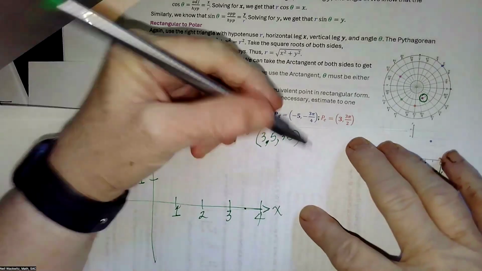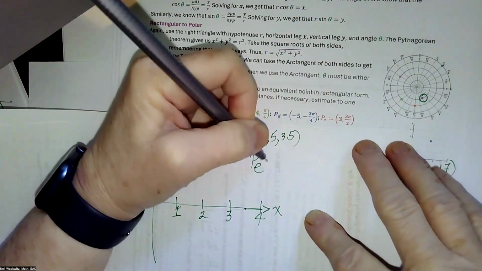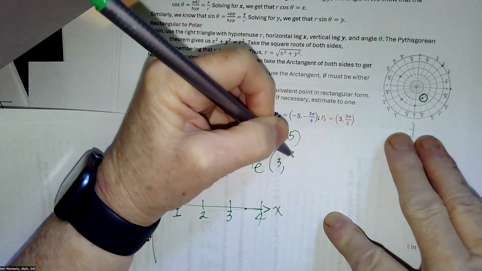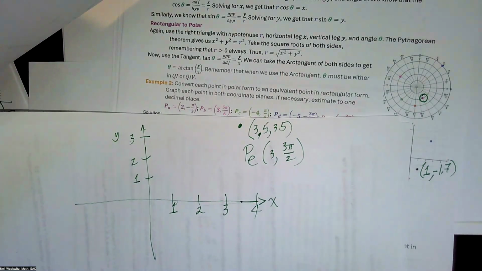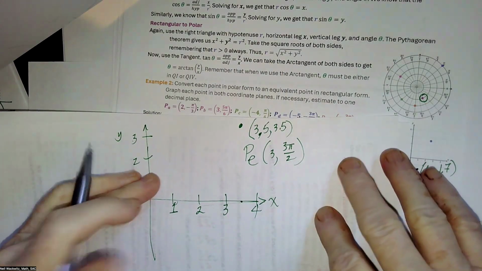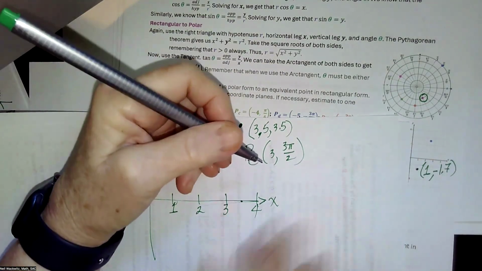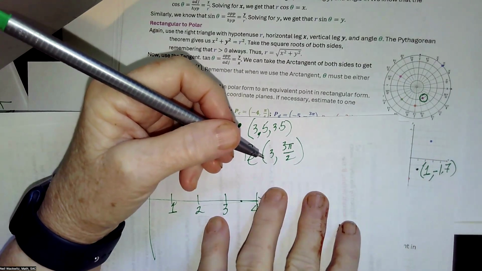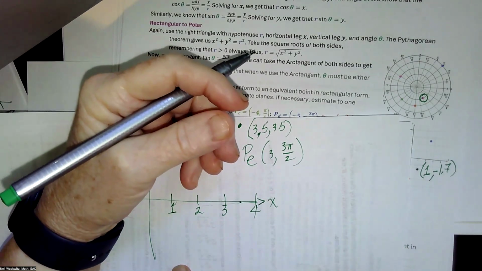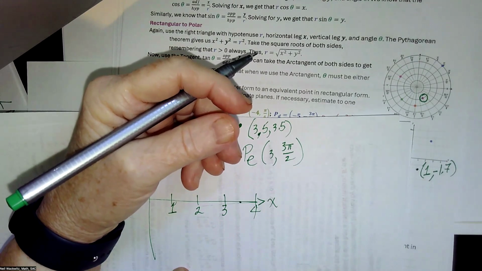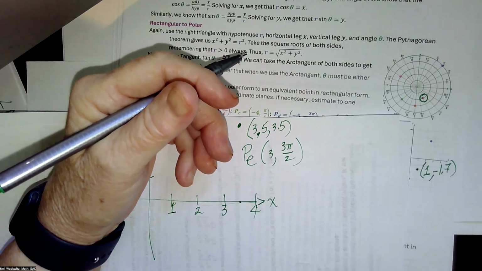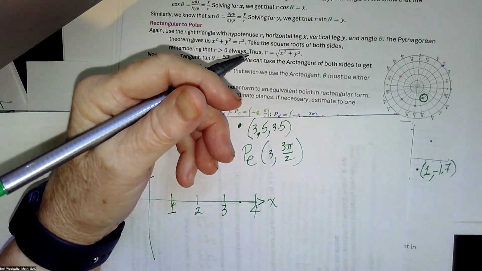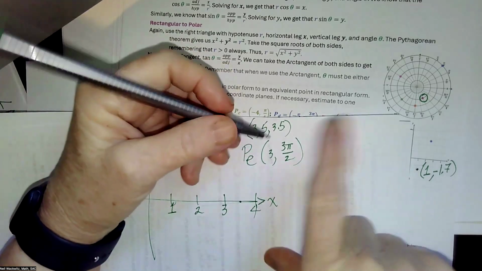Yes. The point E is (3, 3 pi over 2). And that's fun because one of the sine or cosine is 0. Well, which one is 0, sine or cosine? That's right.